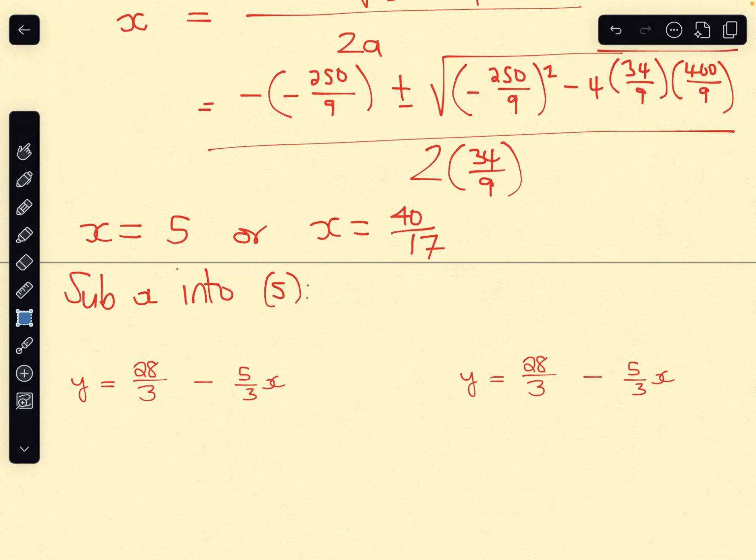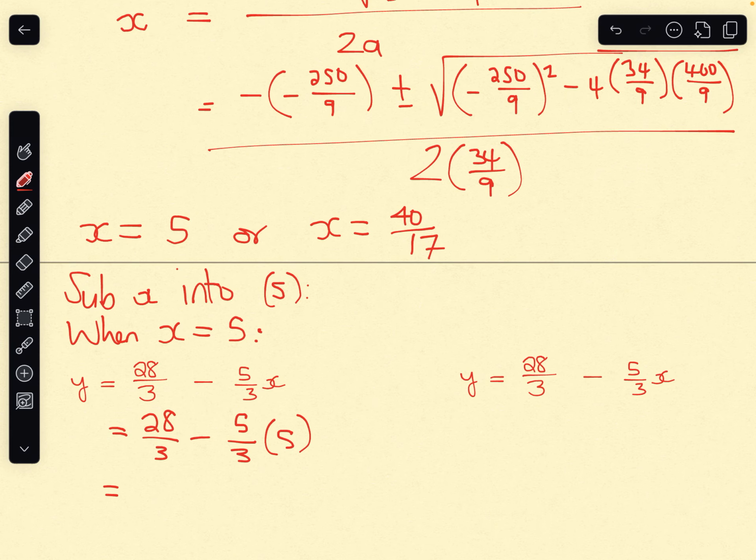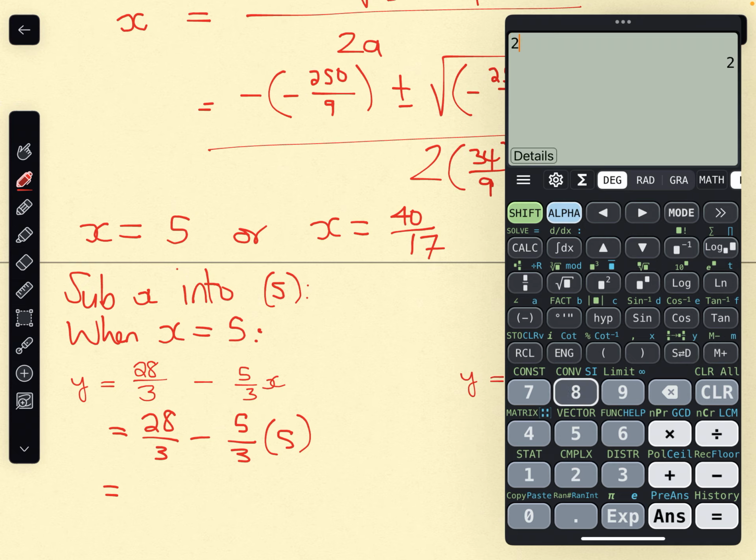Okay, so when x is equal to 5, we have y is equal to 28 over 3 minus 5 over 3 times 5, which is equal to something I'm not going to work out myself.